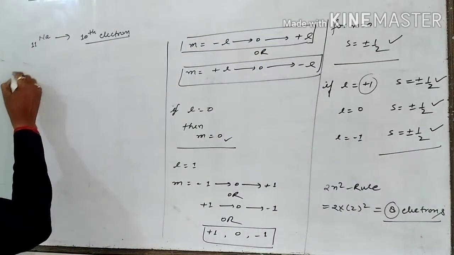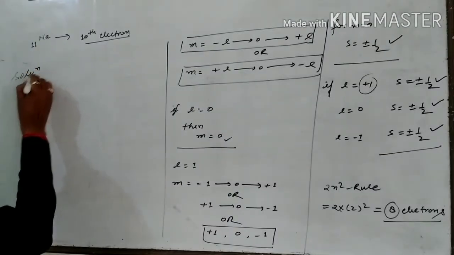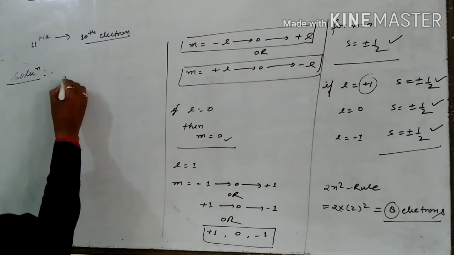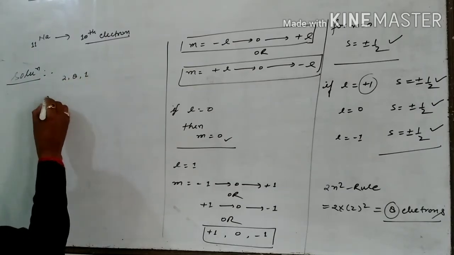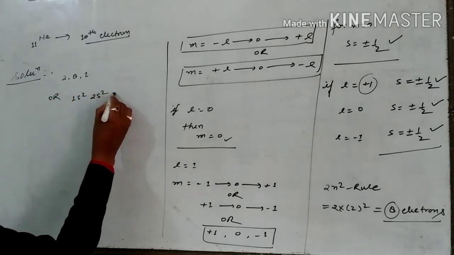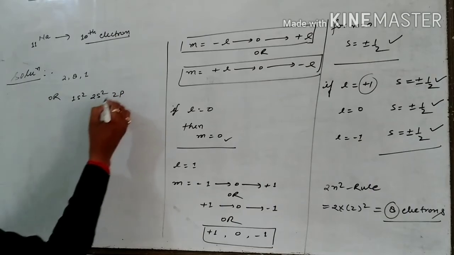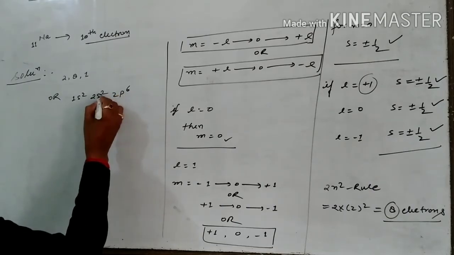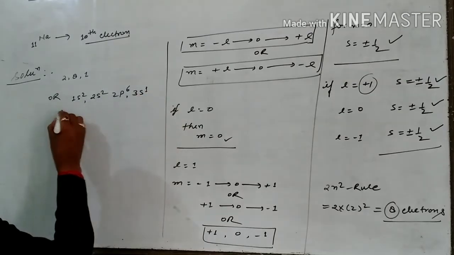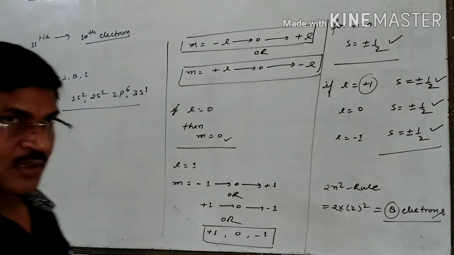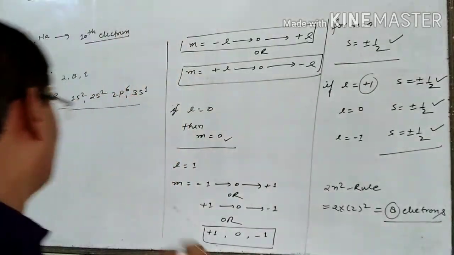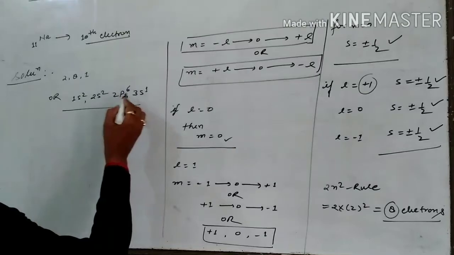Say here, first of all in the solution, I have to write the configuration of this. As you know, 2, 8, 1 or 1s2, 2s2, 2p6, and 3s having 1 electron. In this way you are seeing the configuration of atomic number 11, the sodium atom: 1s2, 2s2, 2p6 and 3s1.